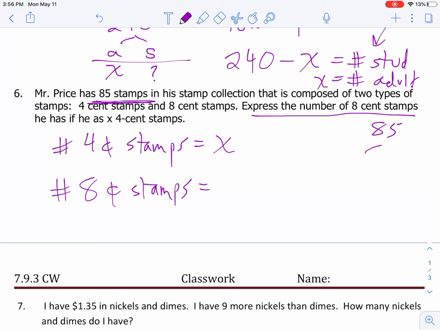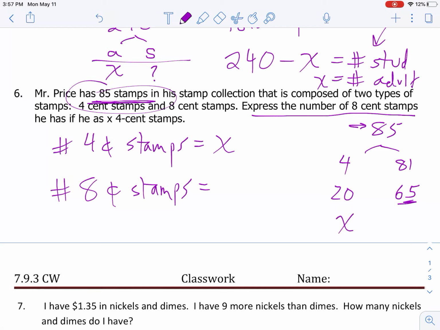So if I have 4 of the 4-cent stamps, then I'm going to have 81 of the 8-cent stamps. If I have 20 of the 4-cent stamps, then I'm going to have 65. Why? Because it always has to add up to 85, because I have a total of 85 stamps in my collection.